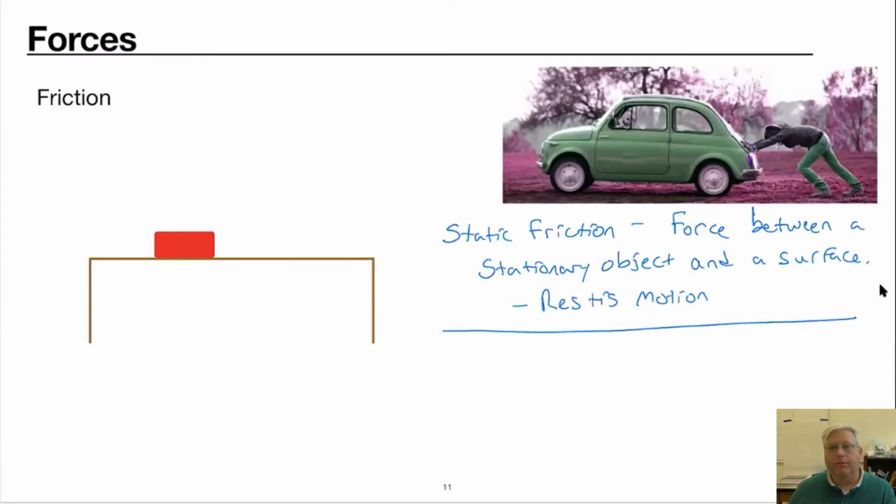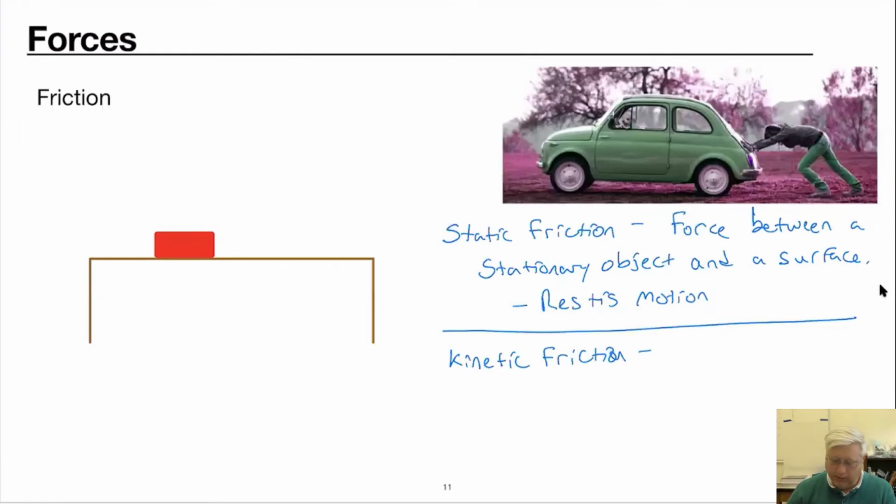The other type of friction is called kinetic friction. And kinetic, you probably know, is referring to motion. So it's the force that exists between a moving object and the surface that it's on.